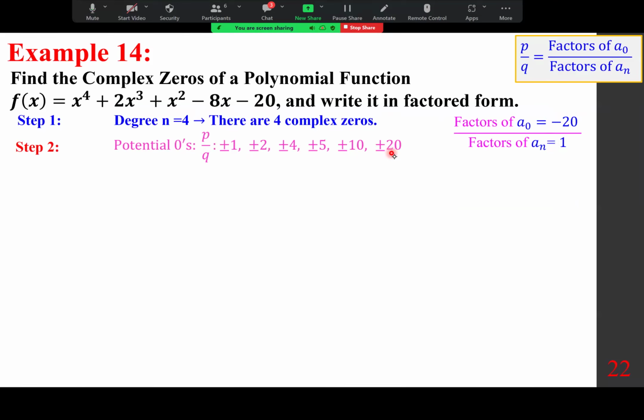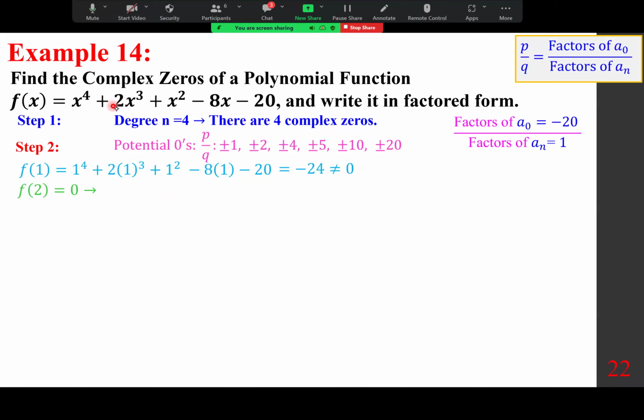So we start with number 1. 1 plus 2 plus 1 minus 8 minus 20 ends up being negative 24. It's not 0. That was my point to show you, when you work it out, sometimes things do not work out. If you plug in 2, it ends up being 0, and I leave it for you to prove that.